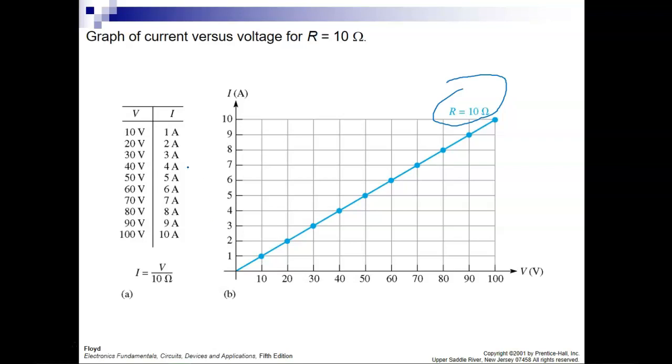My current will increase or decrease compared with my voltage. Does that make sense? So if my voltage goes up, my current goes up. If my voltage goes down, my current goes down. That is linearly proportional. Does that make sense to everybody?